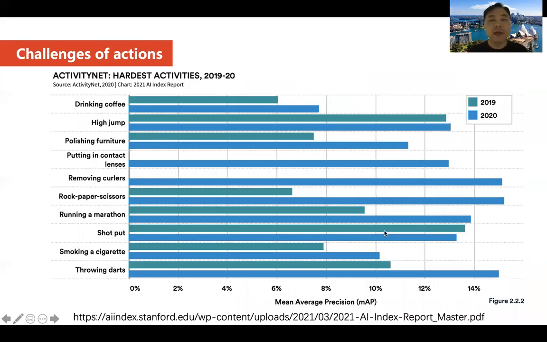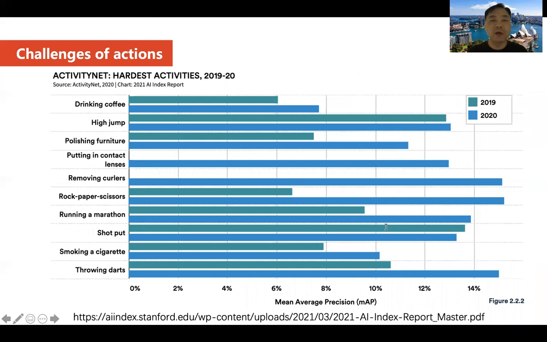We provide further evidence to illustrate the importance of human-object interaction for action recognition. Here is the AI Index 2021 report from Stanford. This report illustrates the most difficult actions for understanding.